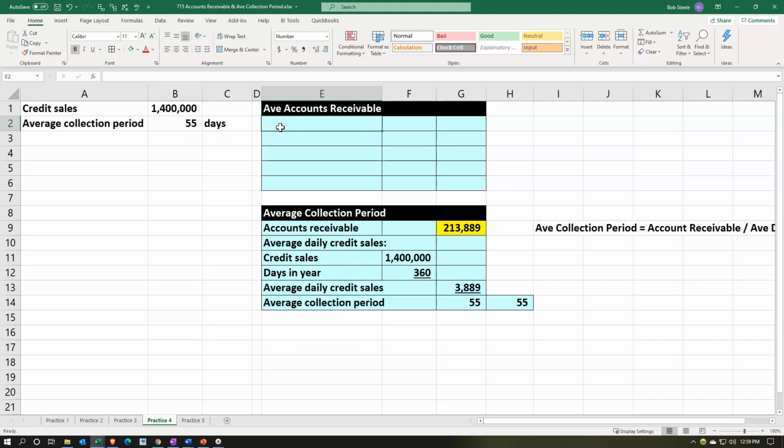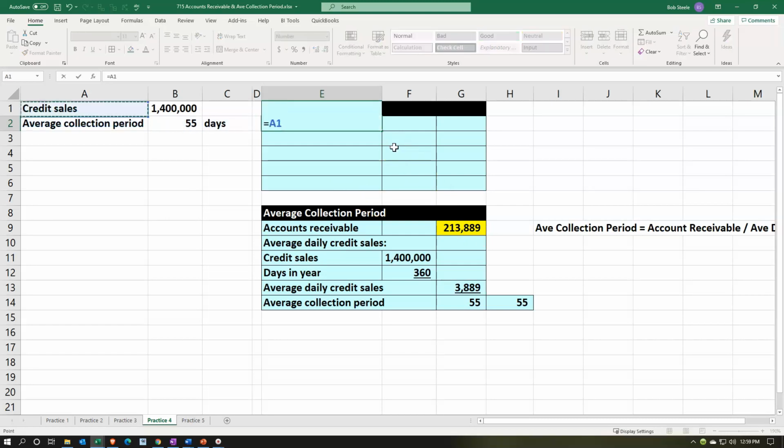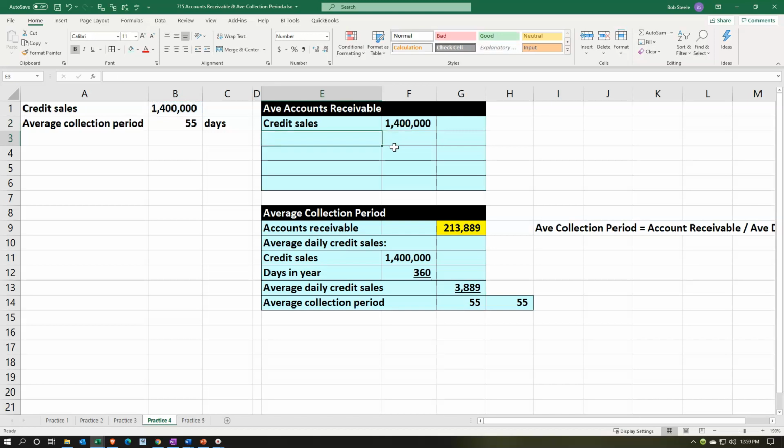But if I was to just do a formula for finding the average accounts receivable, meaning I'll just reverse the algebra here, it would look something like this. We would take the credit sales, which are going to be the 1,000,004. We're going to pick up the days in year, which is going to be equal to 12 times 30, about 360.